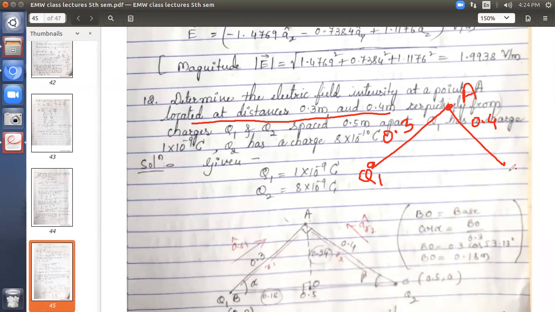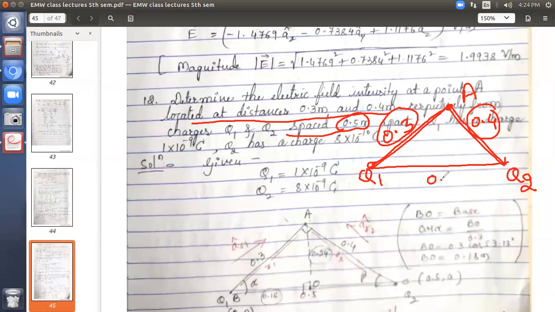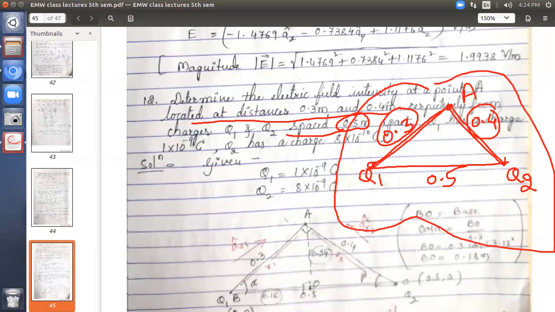If you consider this as Q1 and this as Q2, then between point A and Q1 there is 0.3 meters distance, and between point A and Q2 there is 0.4 meters distance. One more thing is given to you: the 0.5 meters distance indicates the spacing between Q1 and Q2. So this is given as 0.5. According to the given question, it can be represented in this diagram.